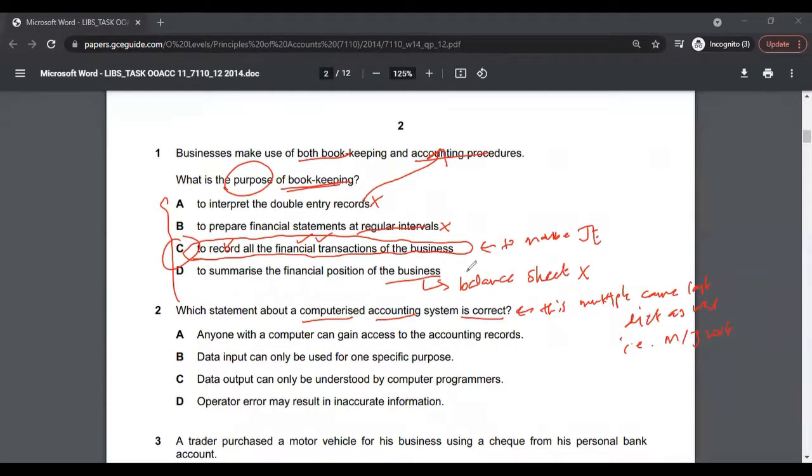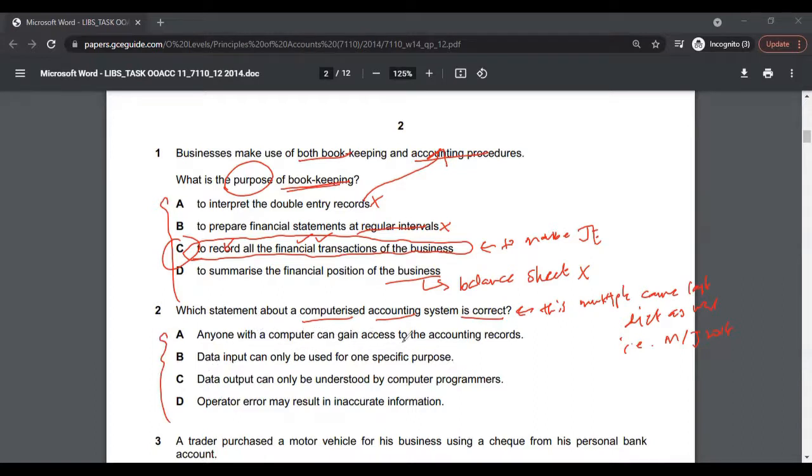So if you are solving past papers, then you would see there is a certain trend appearing, or there would be certain multiple choices that would be repetitive. So you can make a list of those repeating questions, and they will help you prepare for your upcoming accounting exam. So let's read through the options and find which statement is correct for the computerized accounting system.